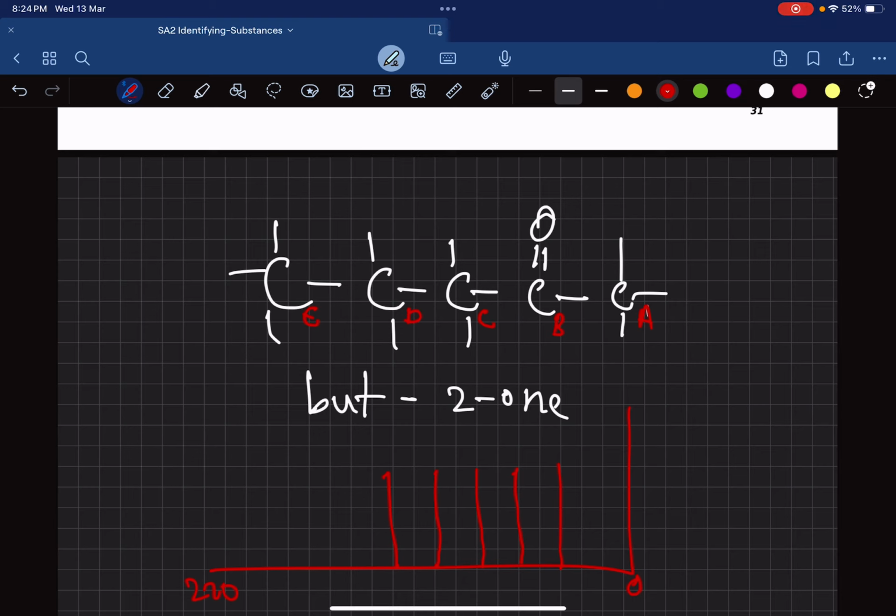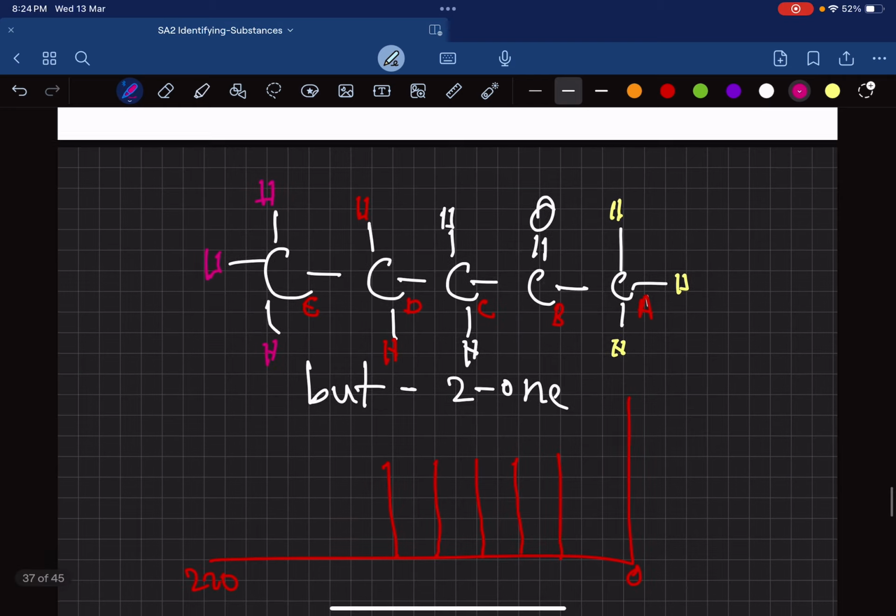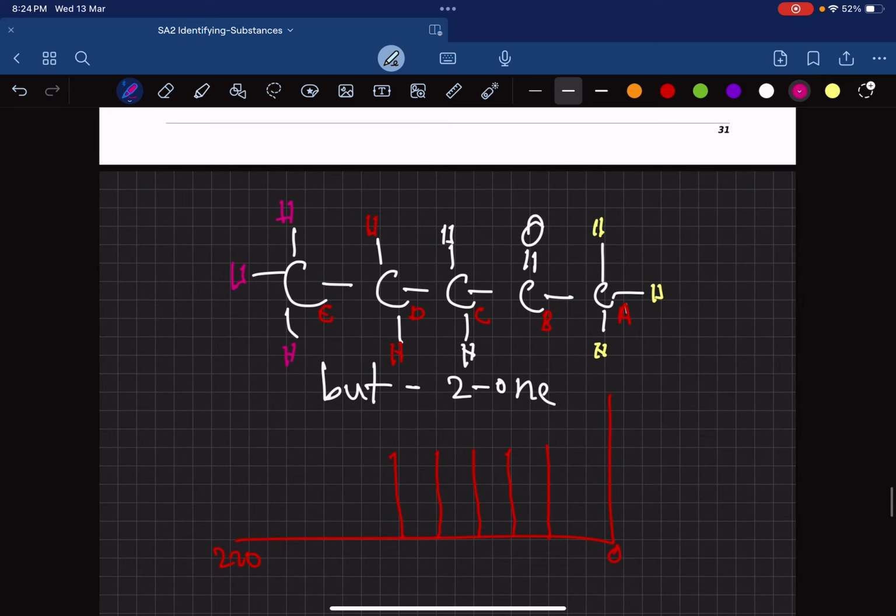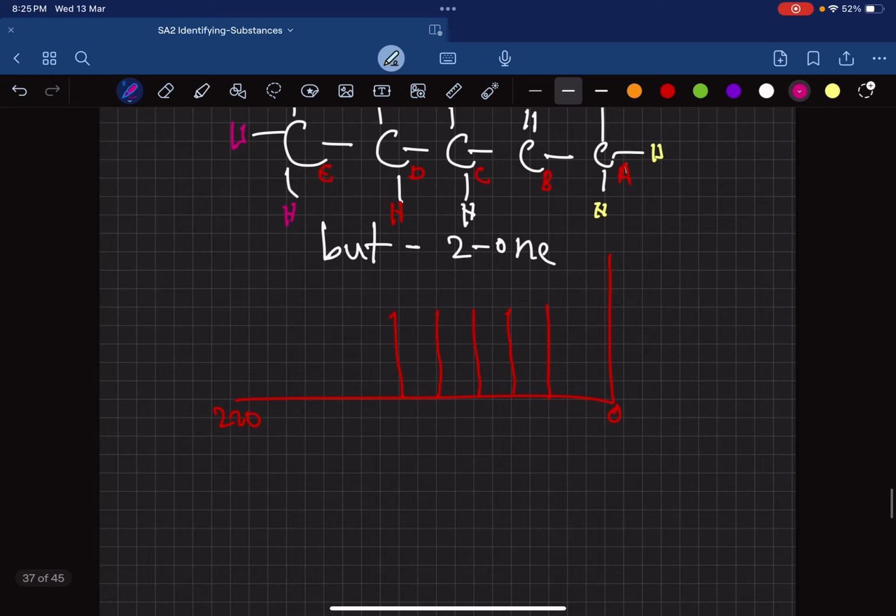And you will get how many hydrogen environments? So there is this hydrogen environment, this one, and then you have this one, and then you have this, and finally you have this. So you also have 4 hydrogen environments, right? 3 yellows, 3 pinks, 2 reds, 2 whites. So for hydrogen, the signal will look something like this. Let's say 0, 15.